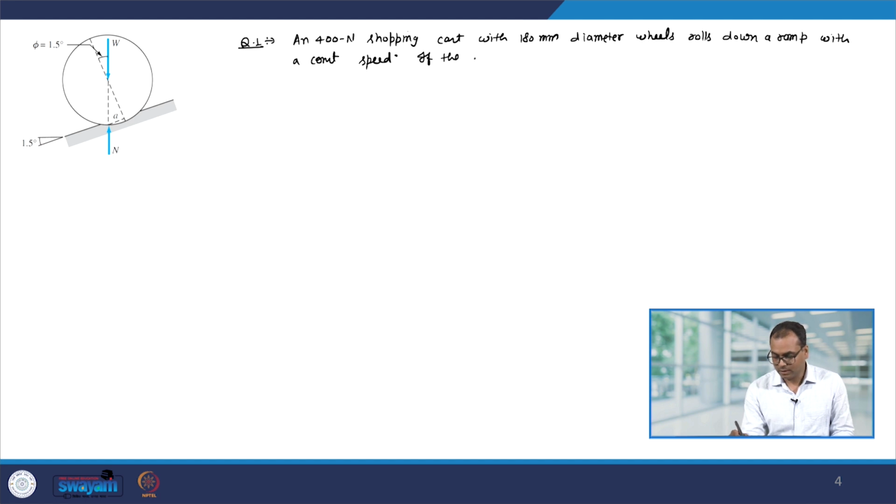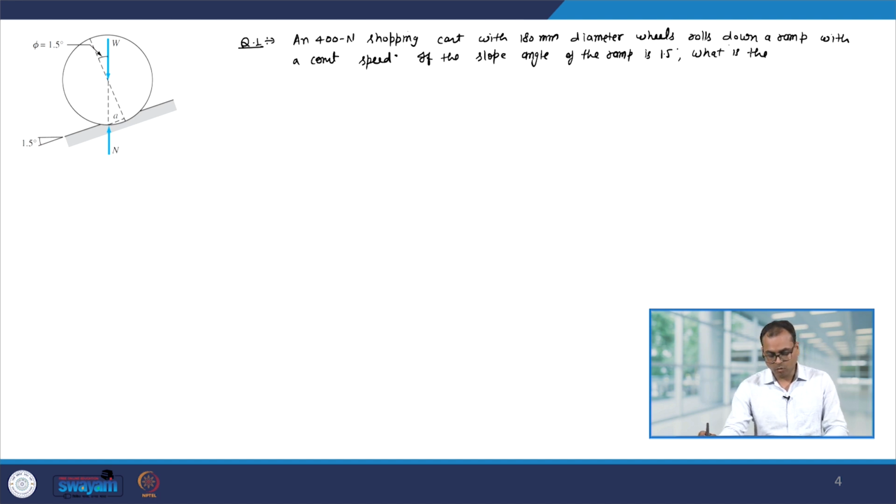If the slope angle of the ramp is 1.5 degrees, what is the coefficient of rolling resistance?